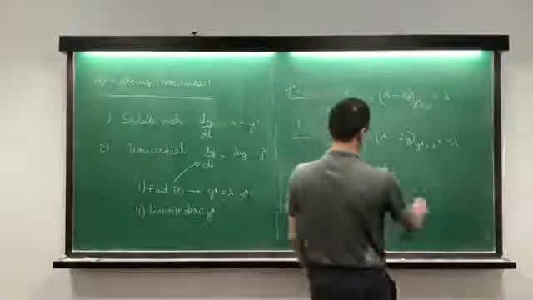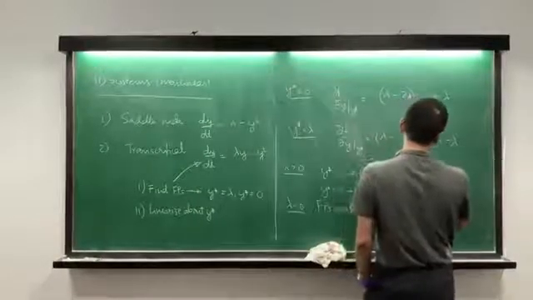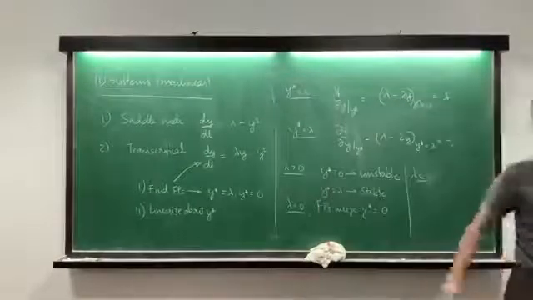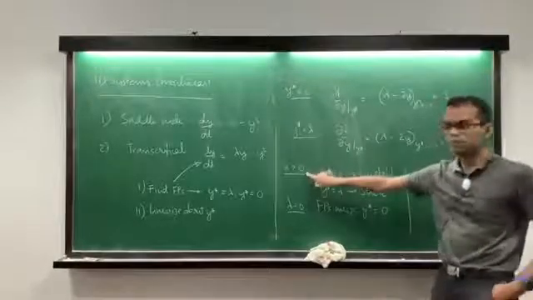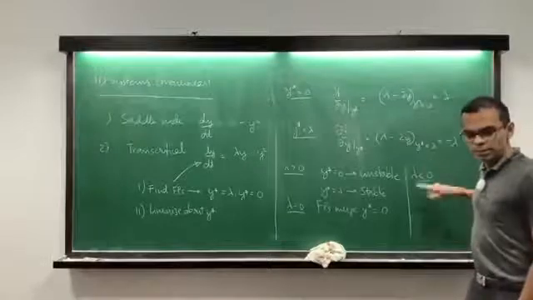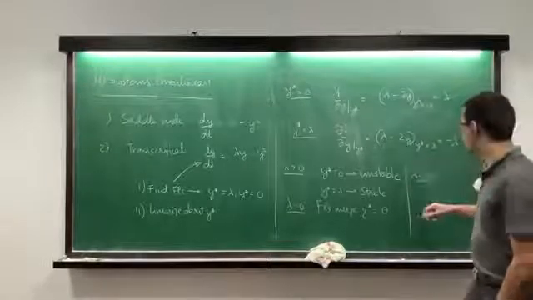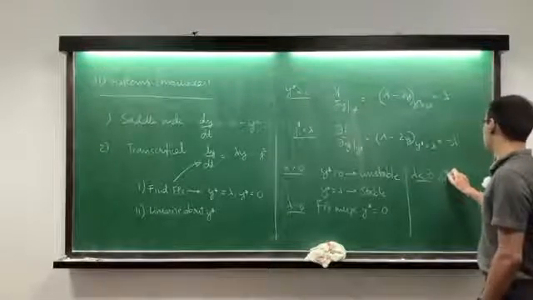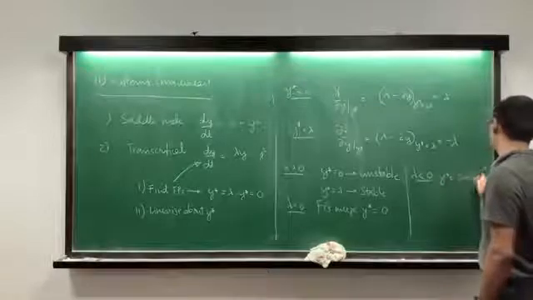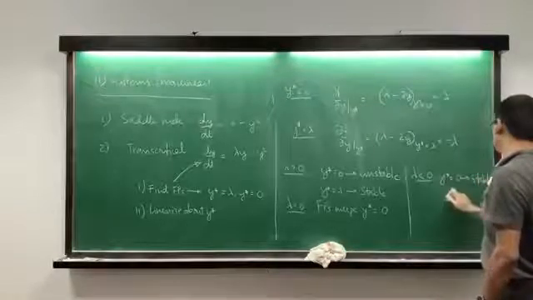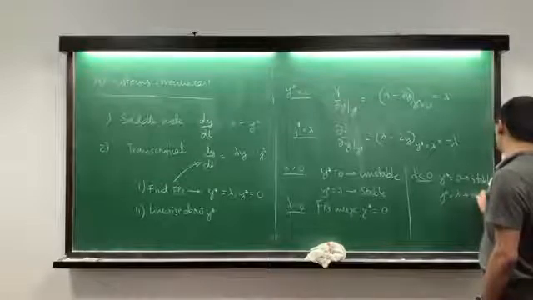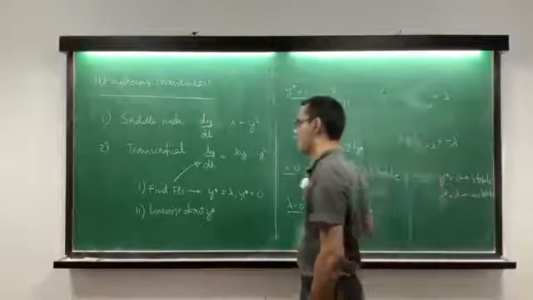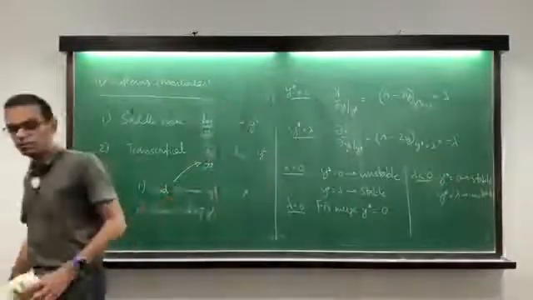And when lambda is less than 0, the opposite of this happens. What was originally unstable for lambda positive will become stable when lambda is negative. So now y star equals 0 becomes stable, and y star equals lambda becomes unstable. Okay, that's the situation we have.